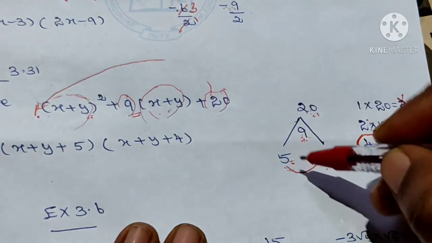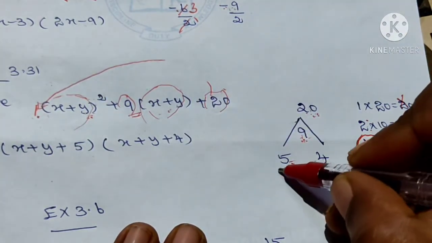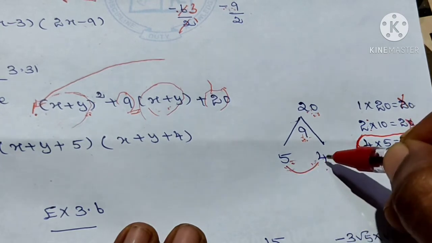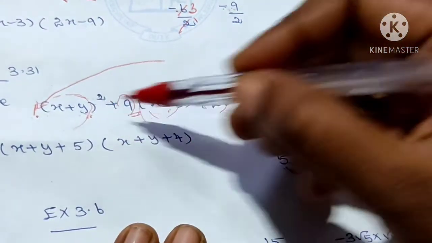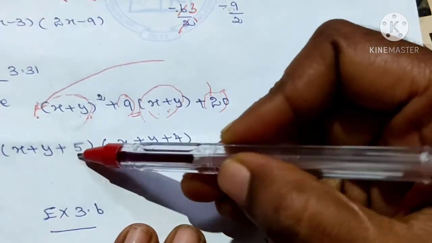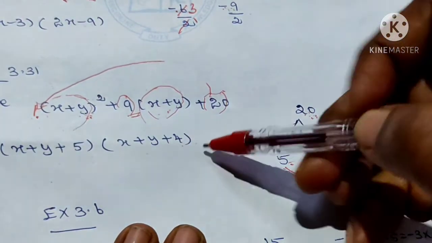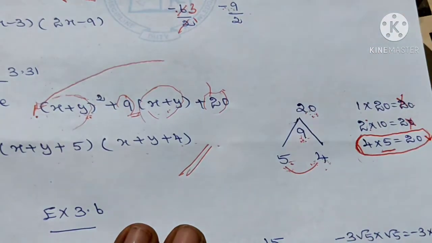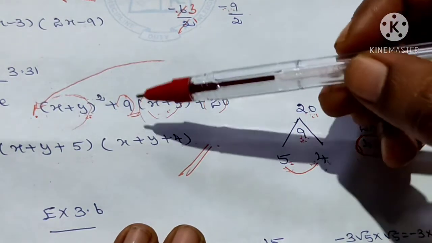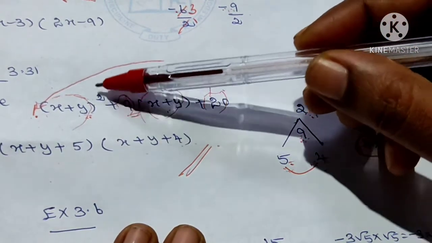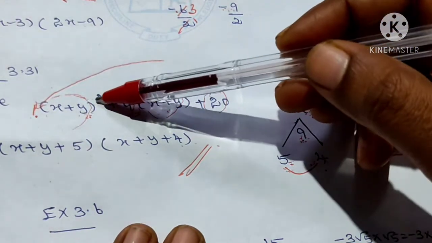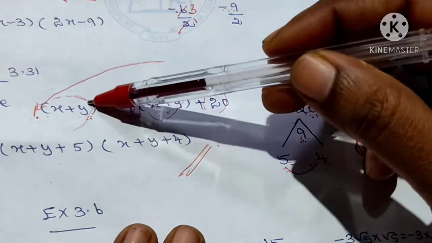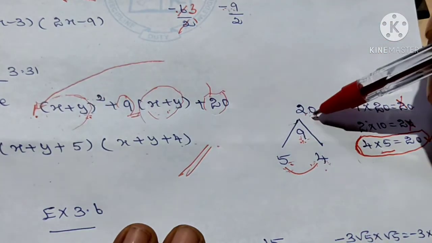So the factor of the given question is x plus y plus 5 into x plus y plus 4. The coefficient is x plus y, join and write. So x plus y plus 5 into x plus y plus 4 is the answer. Again I will repeat. Find the coefficient of x plus y the whole square. Then find the product of the constant and the coefficient of x plus y the whole square, which is 20.